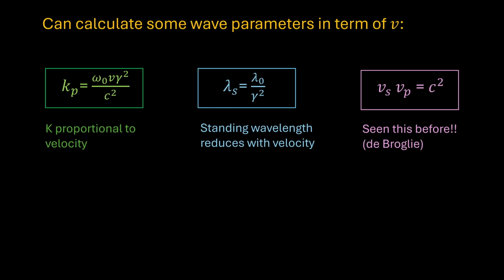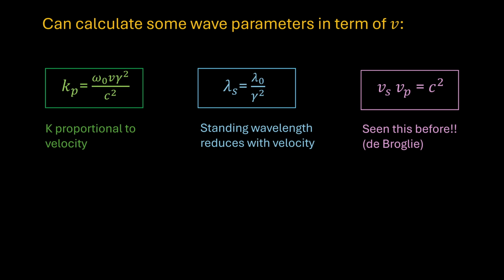Evaluating the characteristics of these wave factors, we showed that the wave vector Kp of the phase wave was proportional to the velocity at non-relativistic velocities, and that the standing wave had a shortened spacing between FR locations. We also showed that the product of the 2 phase velocities was c squared, which is what de Broglie found from relativistic considerations and his own version of phase harmony.